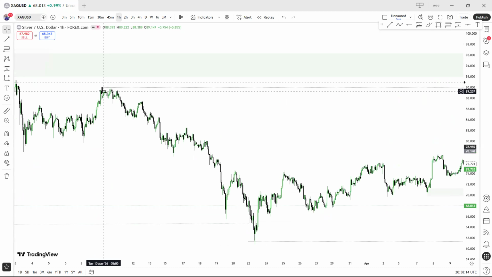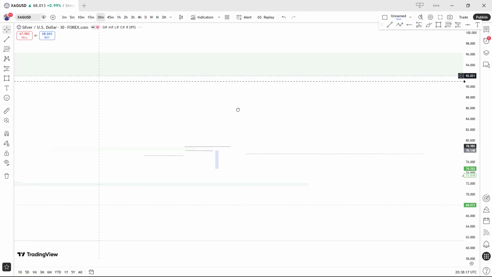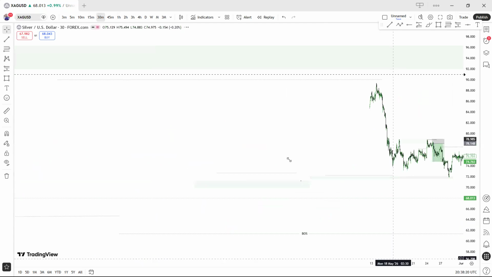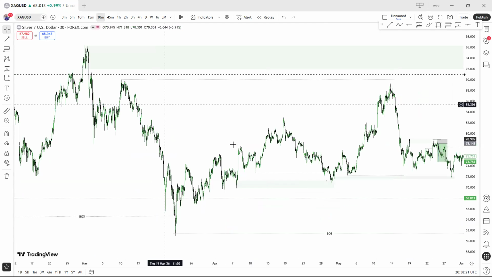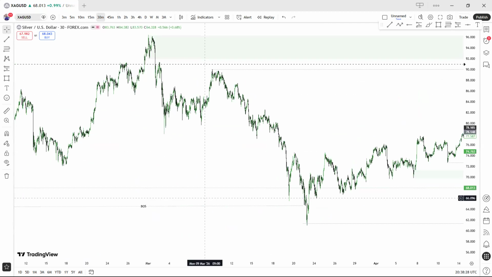Okay, this is another example. There's another example here. Let me go to 30 minutes. It's not really perfect, but it's still a good example.